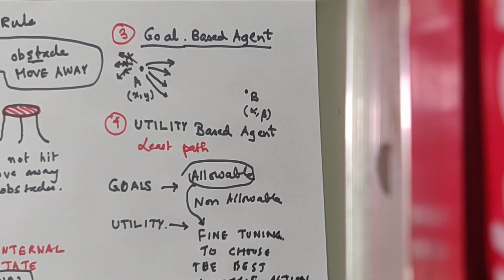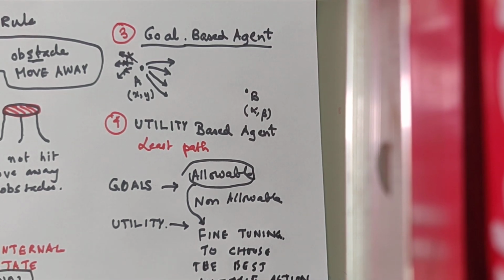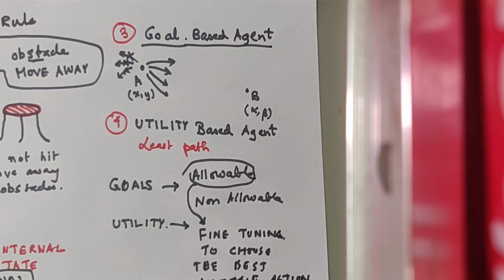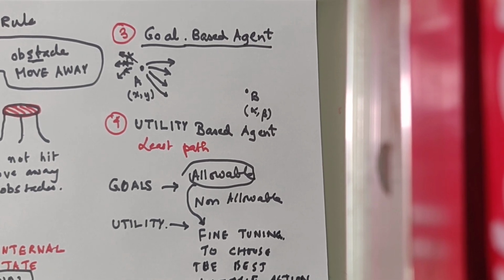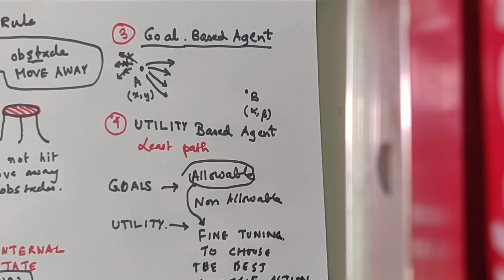So these are the 4 different types of agent, and now we have completed the concept of intelligent agent, the percept action cycle, the concept of rationality, bounded rationality, the different classifications of environment, and to end with, the different classification of agent. Thank you.